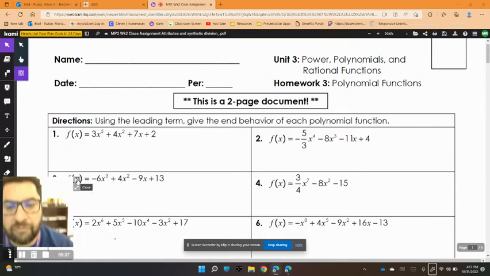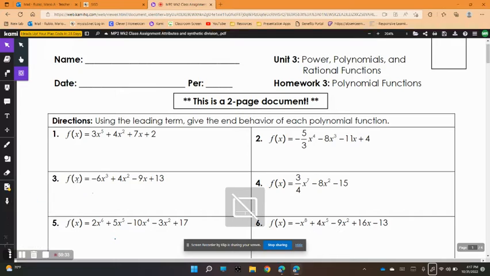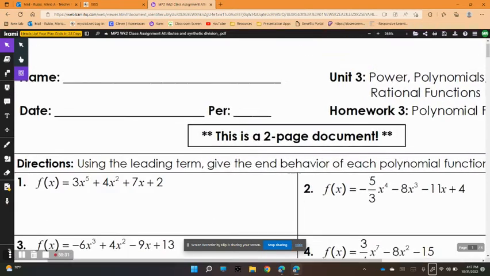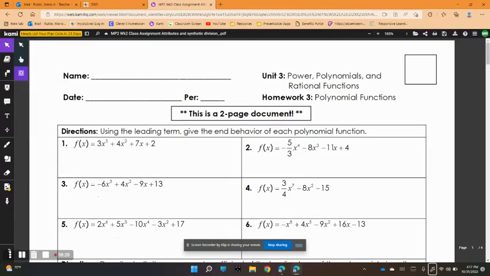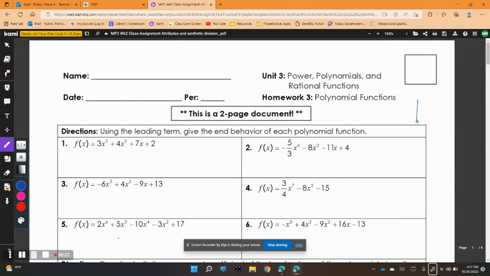The first set of problems that we set up were on end behavior. Let me give you a little bit of background before we get into the problems. Remember, we talked about end behavior as what's going to happen on the left and on the right side of a graph. We've got the x-axis and the y-axis.